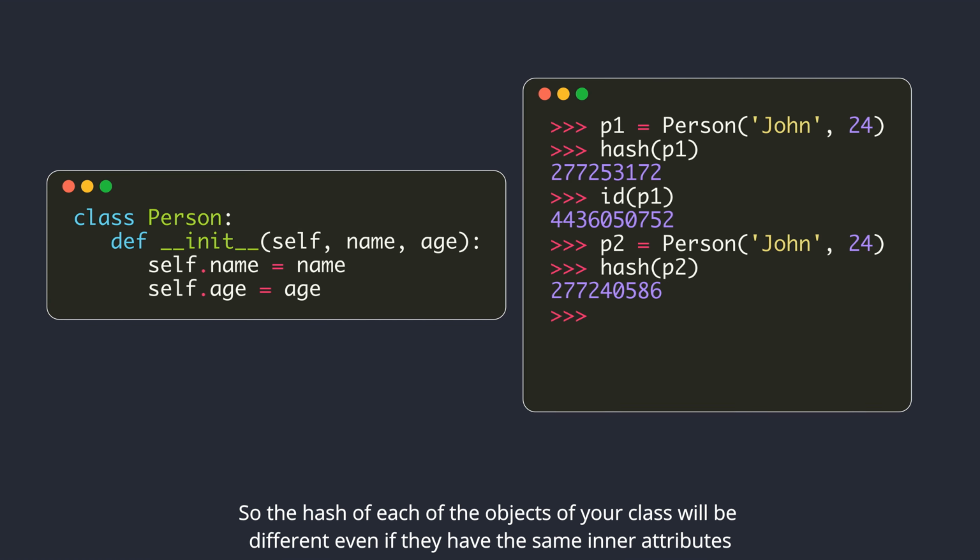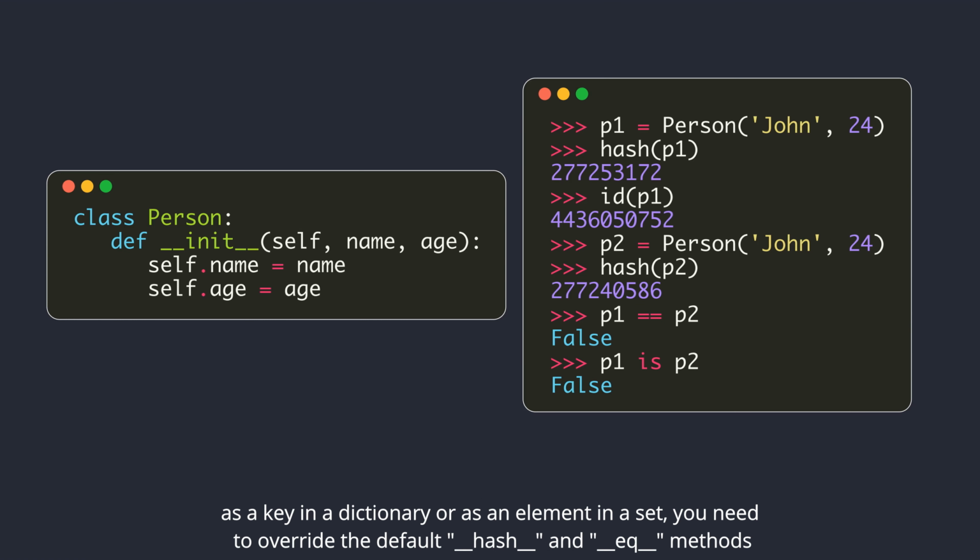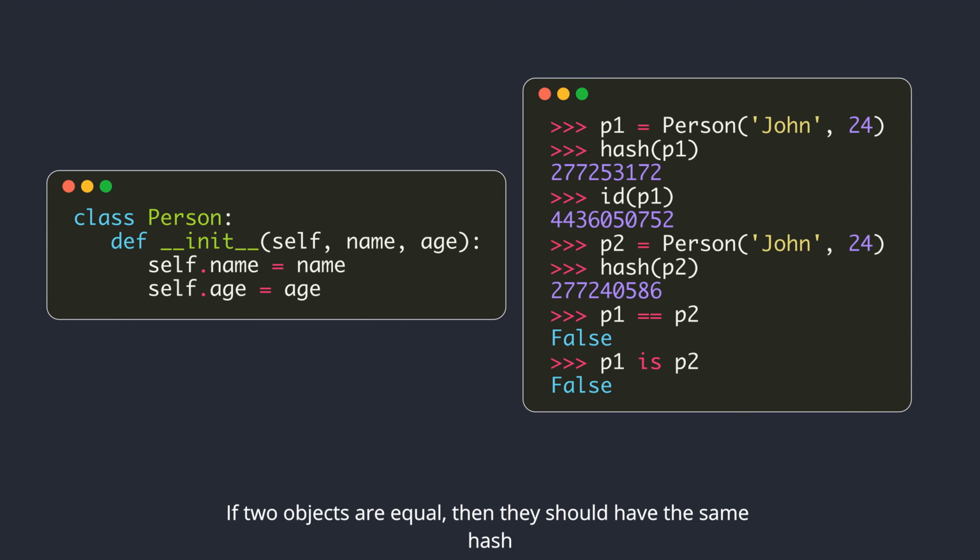So the hash of each of the objects of your class will be different even if they have the same inner attributes. If you want to treat two such objects of your class with the same attributes as the same object when used as a key in a dictionary or as an element in a set, you need to override the default dunder hash and dunder EQ methods. If two objects are equal, then they should have the same hash.